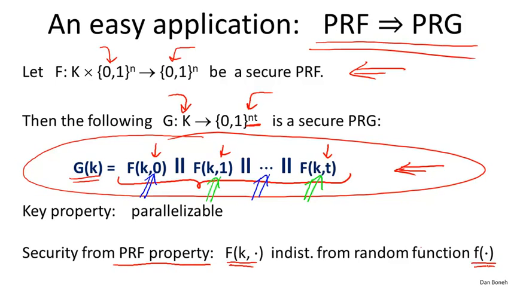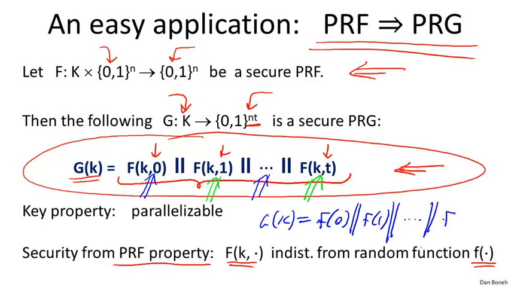So if I take this generator and instead define a generator using a truly random function, in other words, I write the output of the generator as f of 0 concatenated with f of 1 and so on, using a truly random function, then the output of the generator using the truly random function would be indistinguishable from the output of the generator using a pseudorandom function. That is the essence of the security property of a PRF.